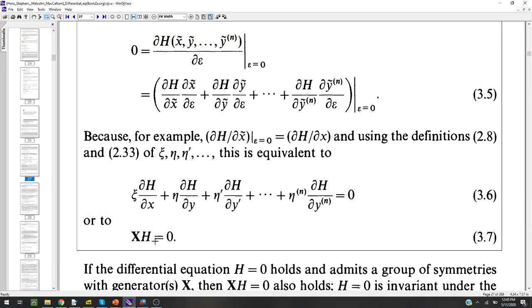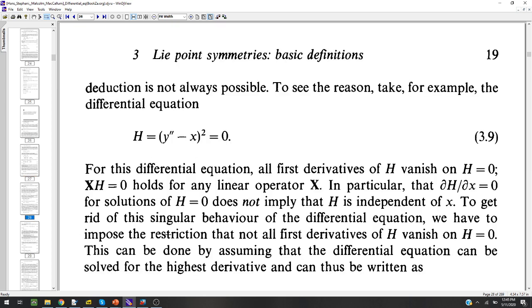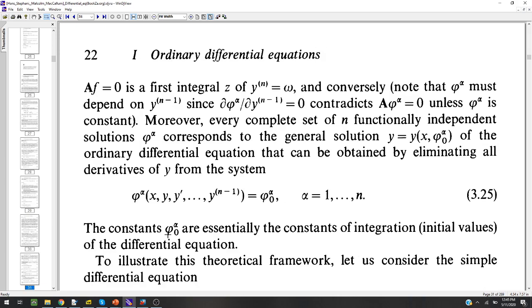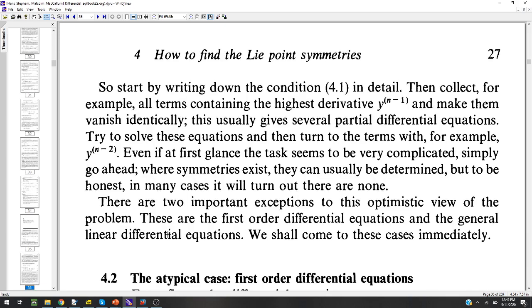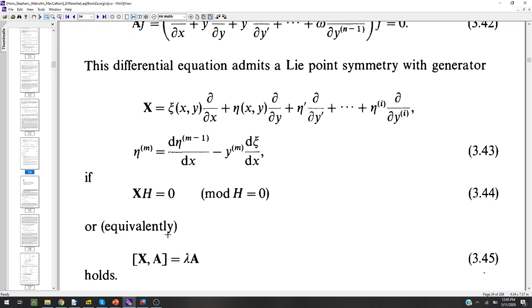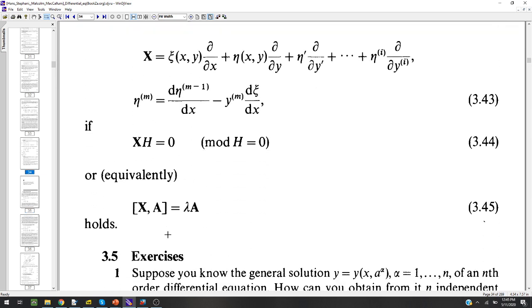Okay, so that's all. If this holds, then this equation also holds. But the second formulation is in fact X operate on omega equal to eta n.